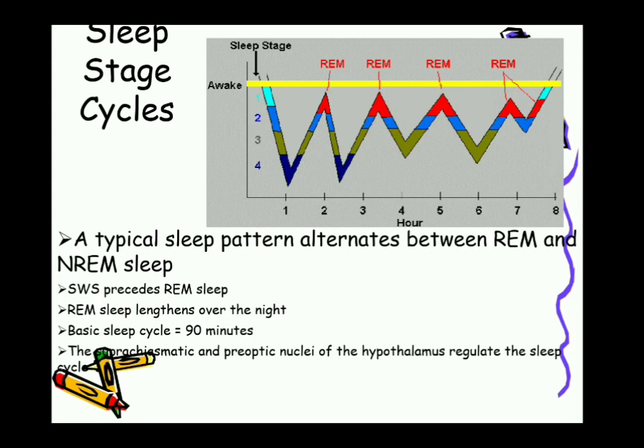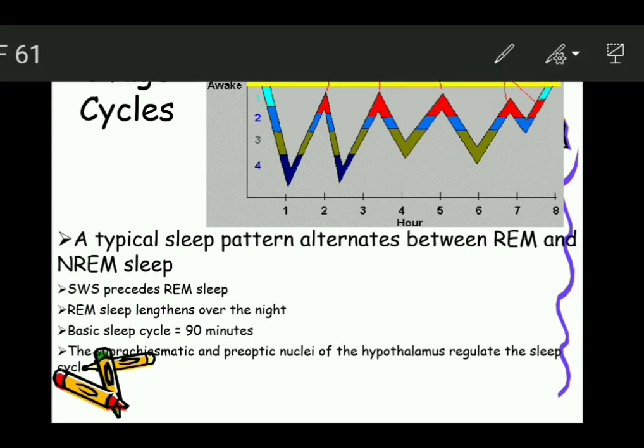Again you can see in this diagram a typical sleep stage cycle. It shows REM and non-REM sleep with different stages. You can see slow wave sleep or NREM sleep precedes REM. First we have NREM, followed by REM.